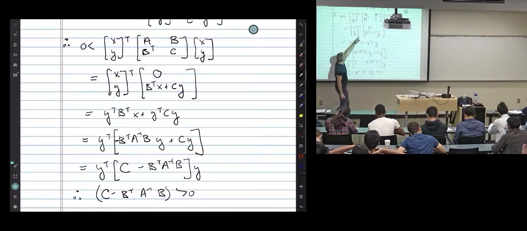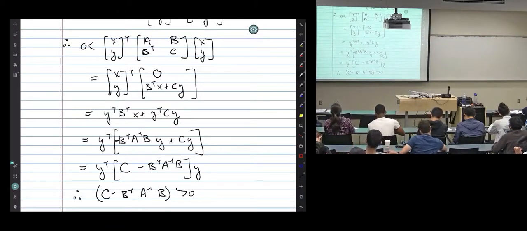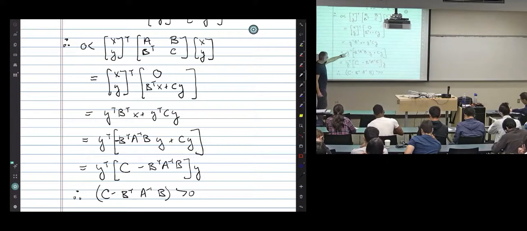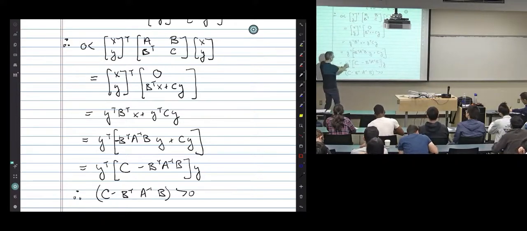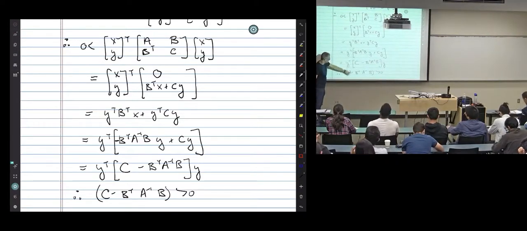So this middle matrix M here is positive definite. Take any x, y not equal to 0, I get something that's positive. And so I take y arbitrary and a very special x, and I work everything out, and I end up getting y transpose C minus B transpose A inverse B times y. Y is arbitrary, and this is positive, so this matrix is positive definite.